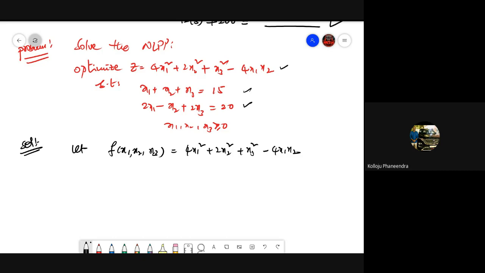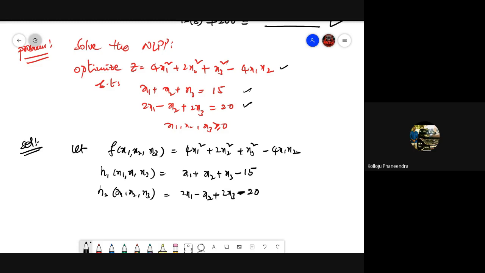And what constraints do I have to assume? First constraint, h1 I am taking. Left side minus right side, so x1 plus x2 plus x3 minus 15. Second constraint is h2 equal to 2x1 minus x2 plus 2x3 minus 20. Now the declaration of the functions and constraints is over.